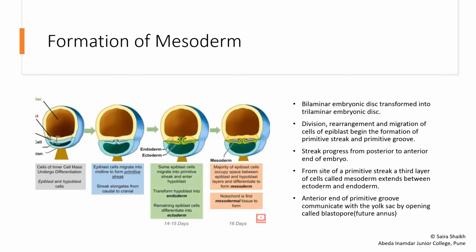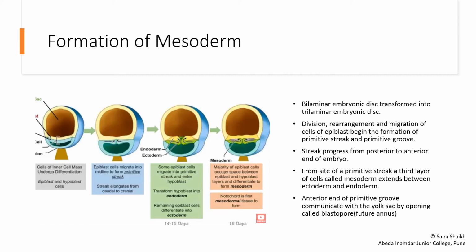Student, up till now we have studied the formation of the endoderm, which is the first germ layer produced in the embryo from the hypoblast cells, which enclose the yolk sac. In the same way we have studied the epiblast cells. The cells divide and give the amniotic cavity. The roof of the amniotic cavity further gives the embryonic coverings, that is the amnion and the chorion later on.